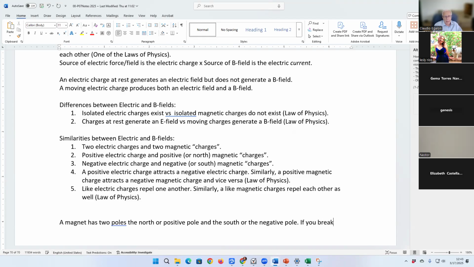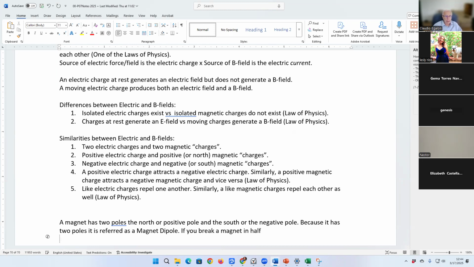If you break a magnet in half, okay, a magnet has two poles, north and south. Because it has two poles, it is referred to as a magnetic dipole. Okay?